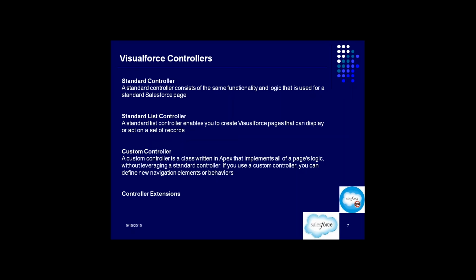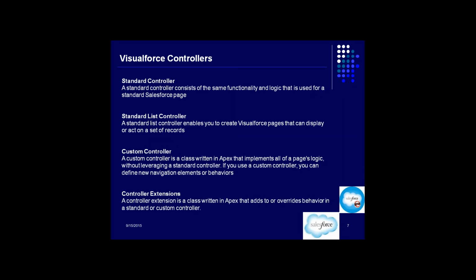And then the fourth type of controller is a controller extension. What's a controller extension? A controller extension is a class written in Apex that adds to or overrides behavior in a standard or custom controller. Okay, so a controller extension is also an Apex class, or a program, for your understanding in a simplistic way. This can be combined with a page which already has a controller.